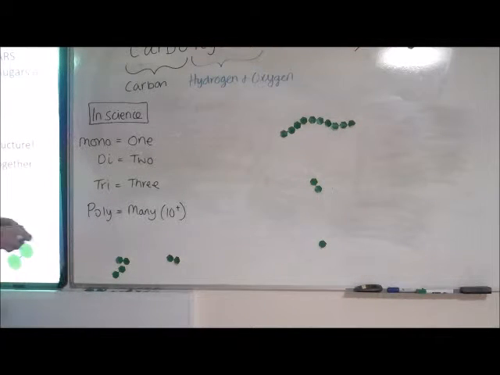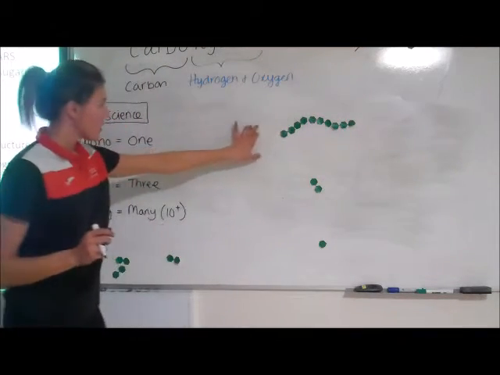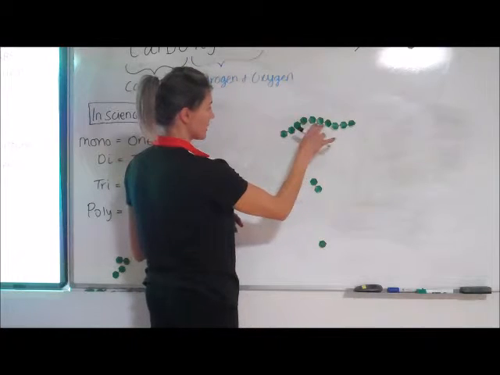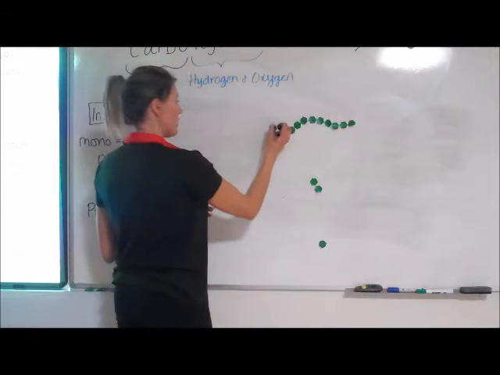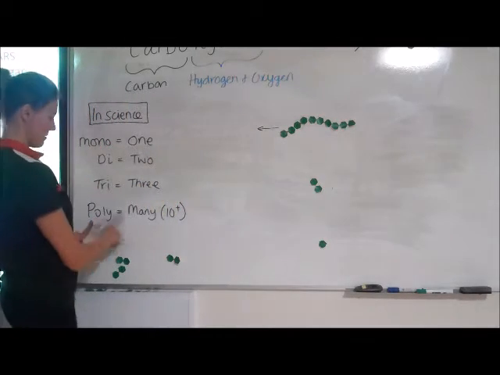So let's have a look at this structure here. We have a chain of 10, 4, 6, 8, 10. So therefore, the name given to this carbohydrate would be poly.